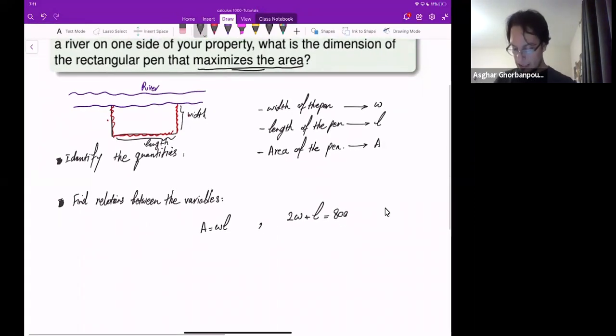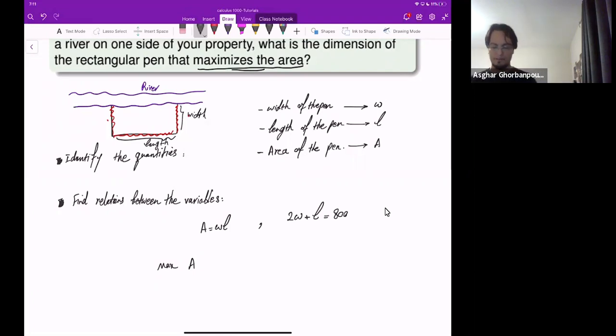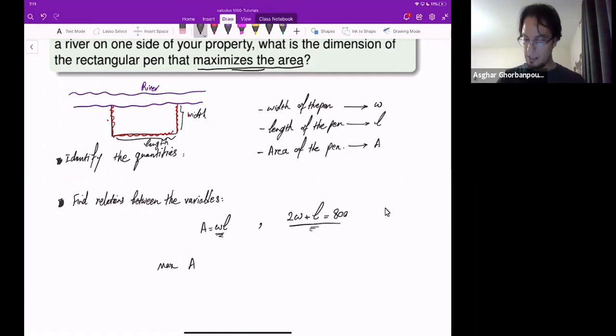Okay, so these are two relations. And then we know that we want to maximize A when W and L are there. But when you look at A, you right away notice that A depends on two variables. And there is a relation between the variables that you can use to write one variable in terms of the other one. What I mean, let me just write it here. From here, you see that I can write L as 800 minus 2W.